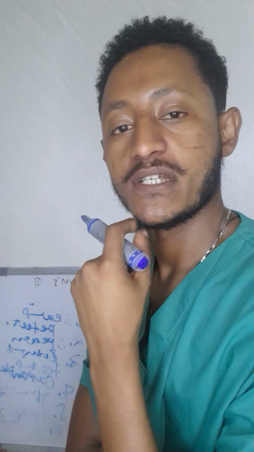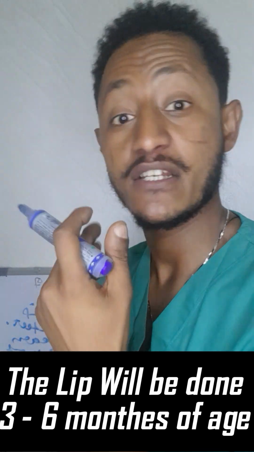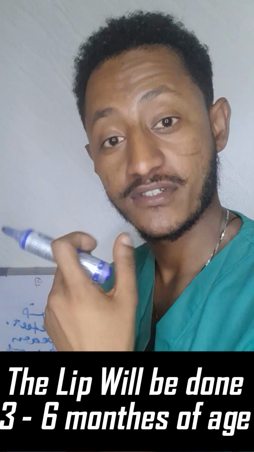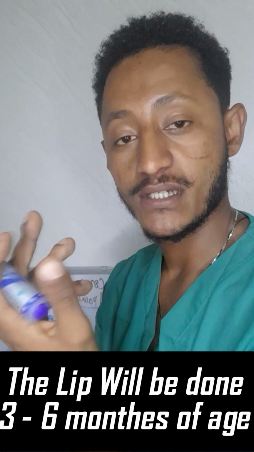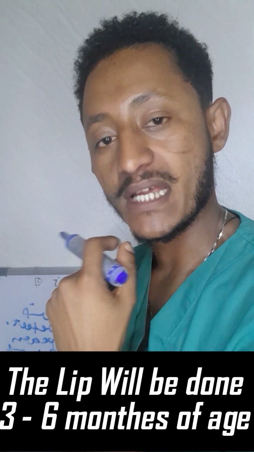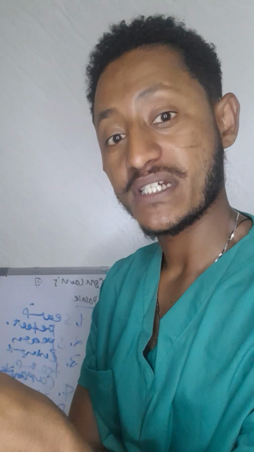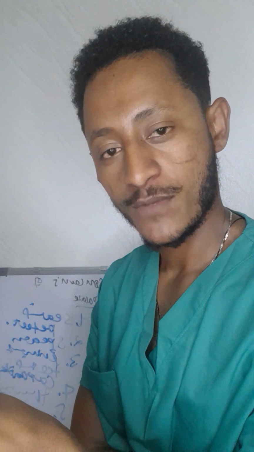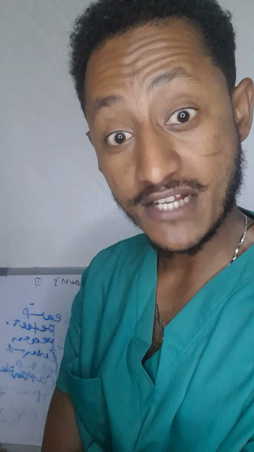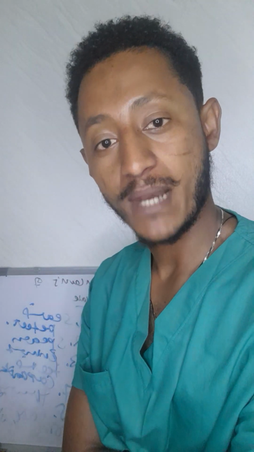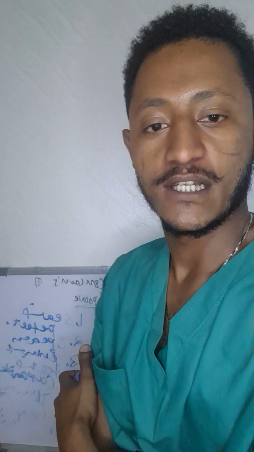This lip surgery will be done at 3 to 6 months, and depending on the extent of the defect, some babies might necessitate pre-surgical nasoalveolar molding or lip adhesion, just to decrease the surgical burden. Lip adhesion means attaching some parts of the lips on the cleft side, so that later, when we plan the definitive lip surgery, it will be easier to approximate.